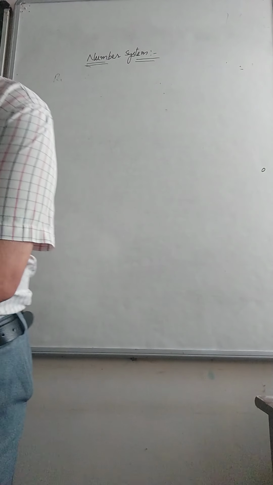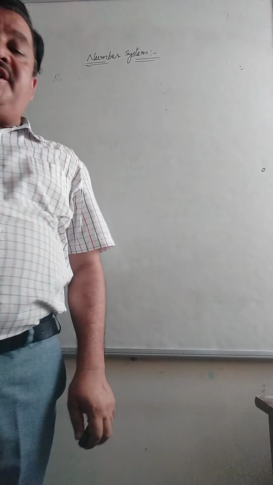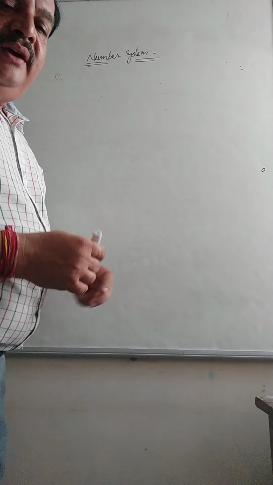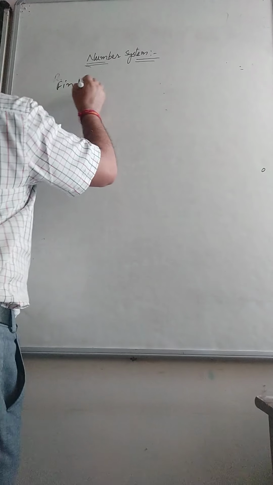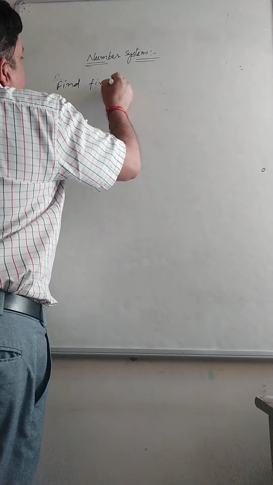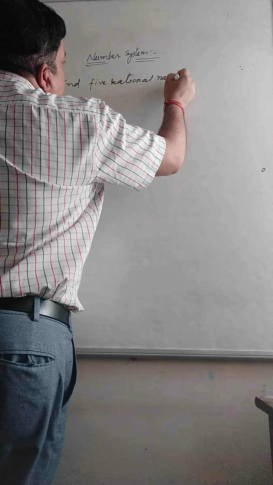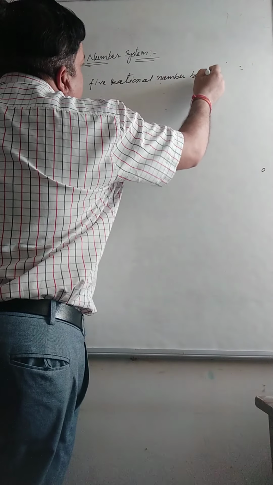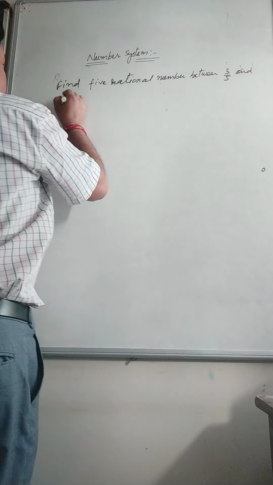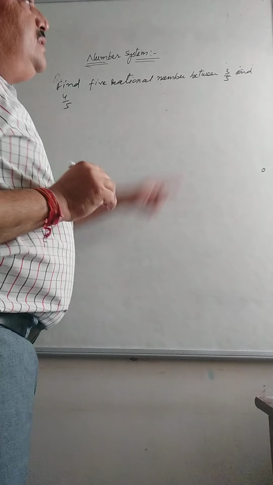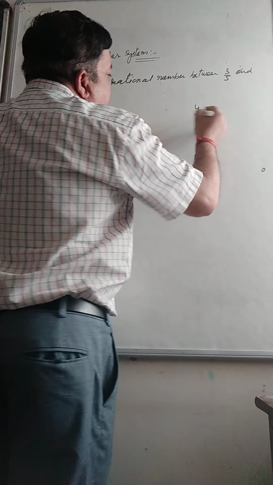Suppose you are asked: Find 5 rational numbers between 3 upon 5 and 4 upon 5.